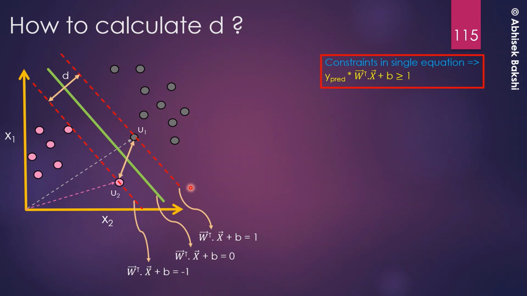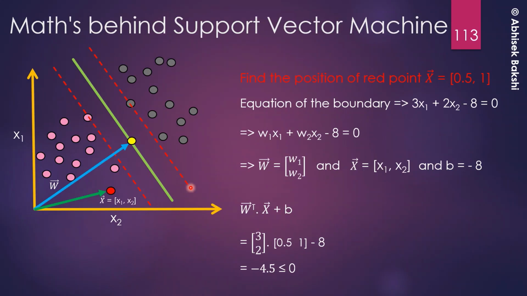Just what we have done, I hope you can recall, in the previous case, here. This W is a perpendicular vector to this particular decision boundary. Similarly, I will have another perpendicular vector W, which is perpendicular on this, I mean not decision boundary, this will be a red dotted margin.